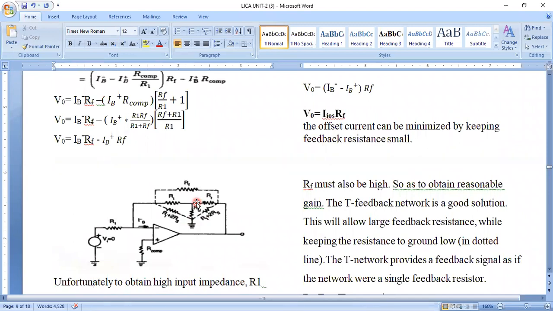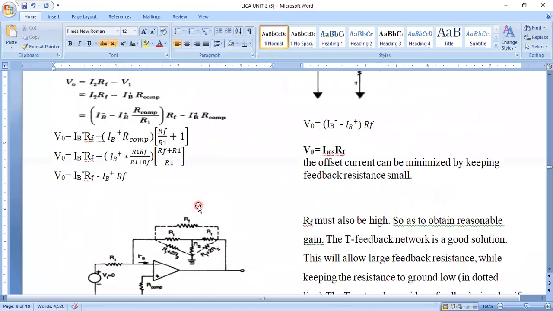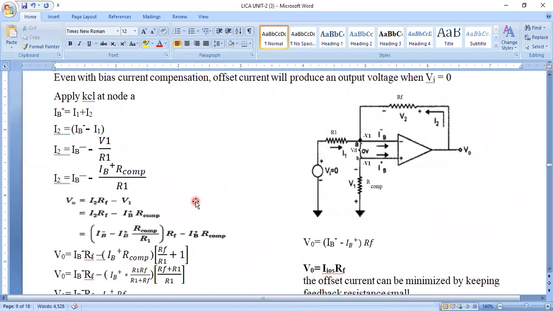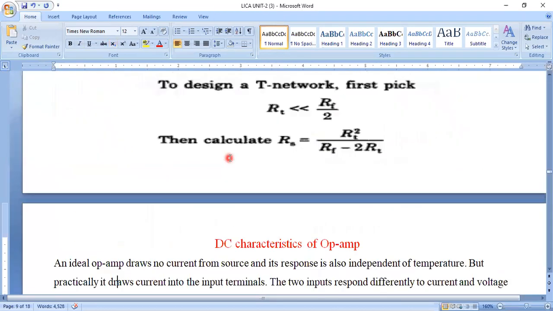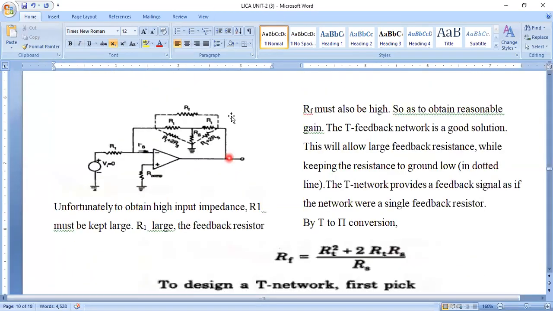What we did is simplify that T feedback circuit into RF, and we described it here. The high feedback resistance is described as RF, but in a practical manner we connect the feedback circuit as a T feedback network, so a large amount of feedback resistance is deployed here.